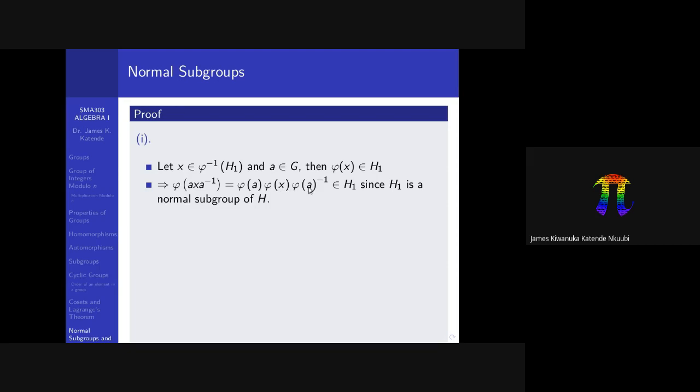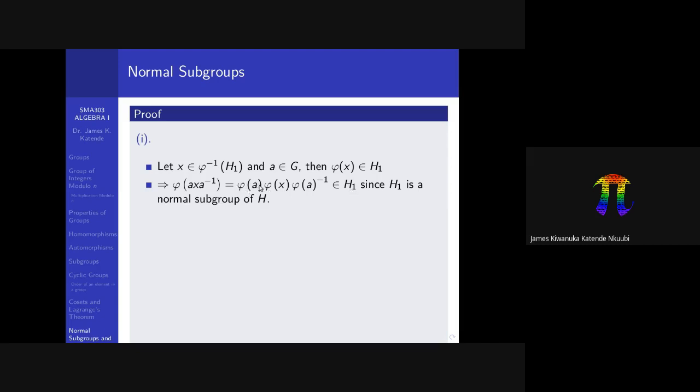But now we are aware that H1 is a normal subgroup, right? So if you pick any element from H multiplied by an element in H1 and multiplied by the inverse of the element you picked from H, you will always get an element in H1 because H1 is a normal subgroup.